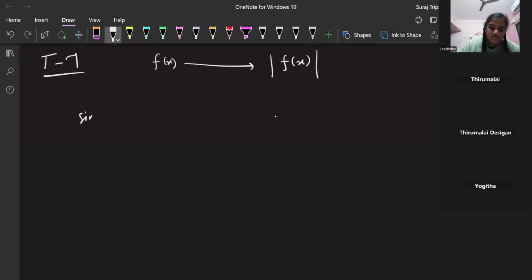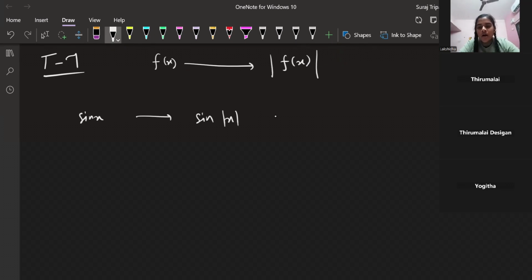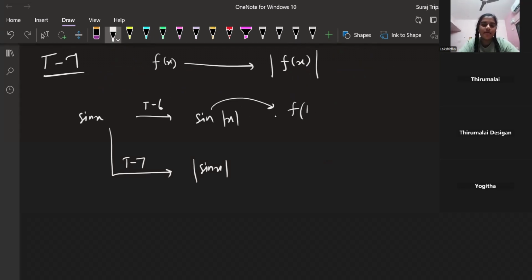Like there will be sin x to mod of sin x, and this transformation 7 is telling about mod of sin x. This was transformation 6, where I am putting mod only on x. I am putting mod on this x. Here I am taking mod of the entire function. You should understand this difference.